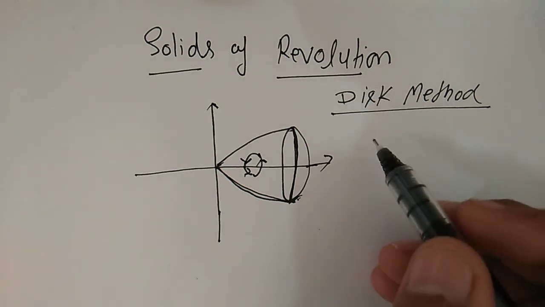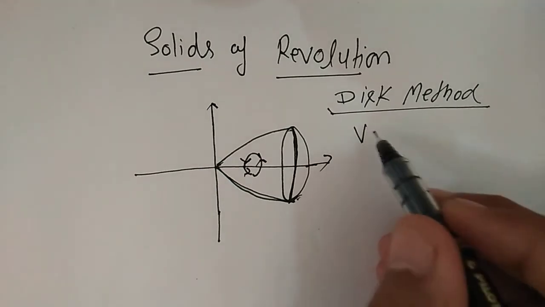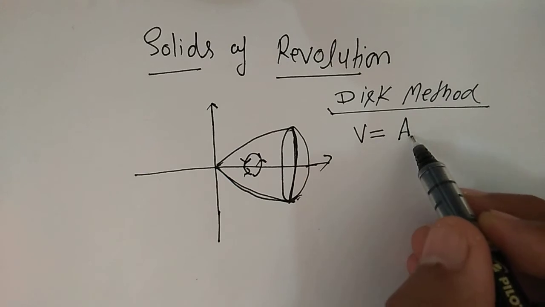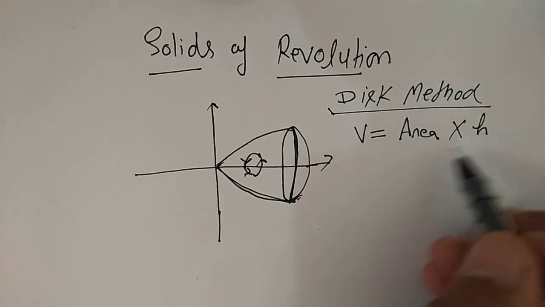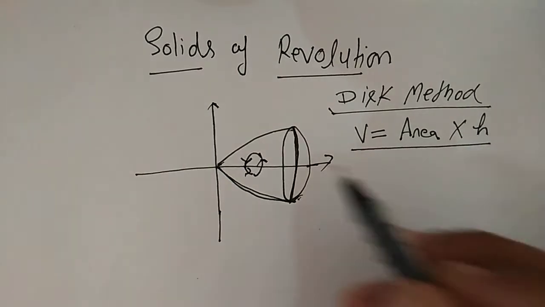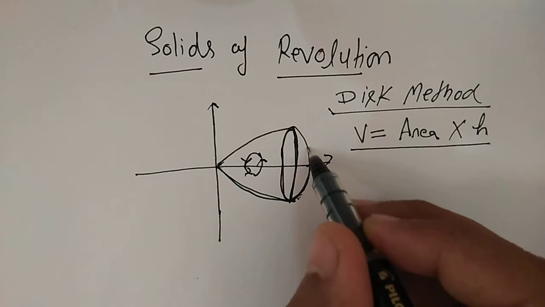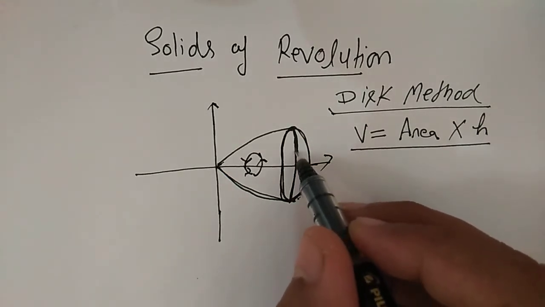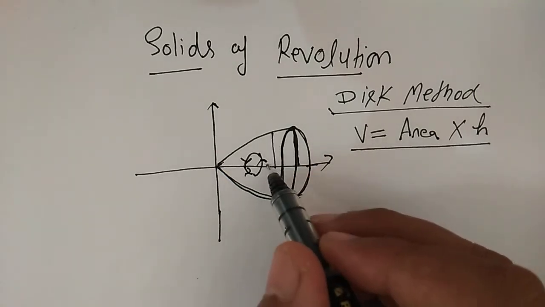Now, what is the formula? We already know volume is the area of the base times the height. The same concept applies here. If you take the area of this base, it is a circular region. Here the radius is not fixed, it depends upon x.